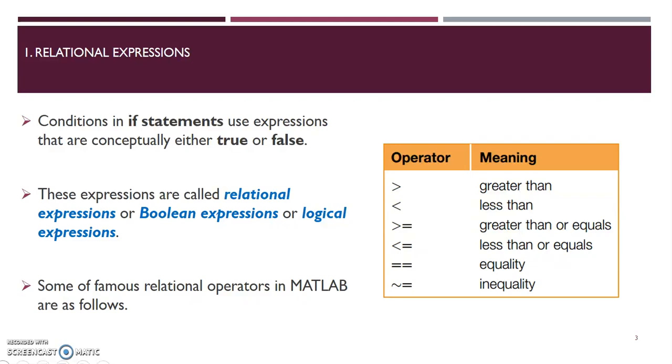For example, it uses greater than or equal to or less than and so on. Note that the equality symbol is the double equality sign. Also, the inequality or not equal sign is tilde equal sign. Later, we will see examples of using these operations in this lecture.